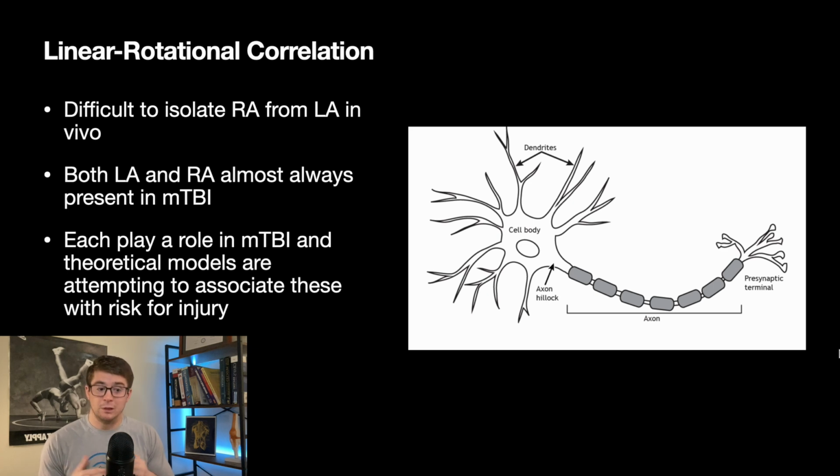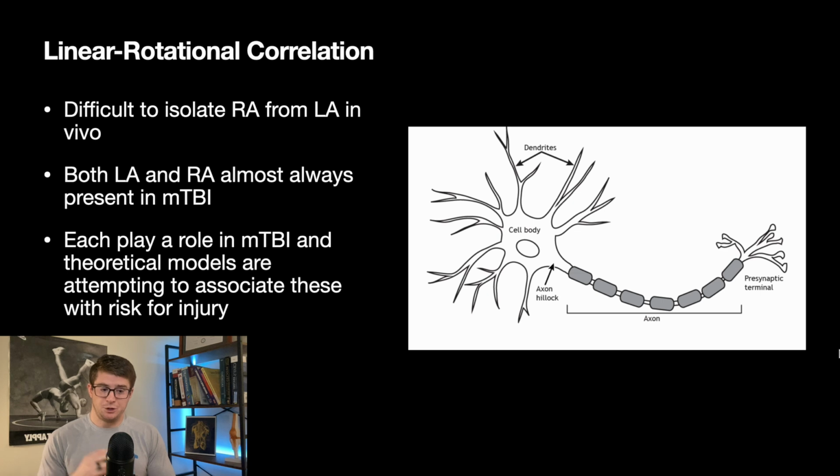So both linear acceleration and rotational acceleration are almost always present in mTBI, which is intuitive because we don't live in planar motions. Almost all of our motions are triplanar, meaning that we perform them in the sagittal plane, the coronal plane, which we talked about before, the frontal plane, and the rotational plane. Almost all of our movements, since we're three-dimensional, we move in that way.